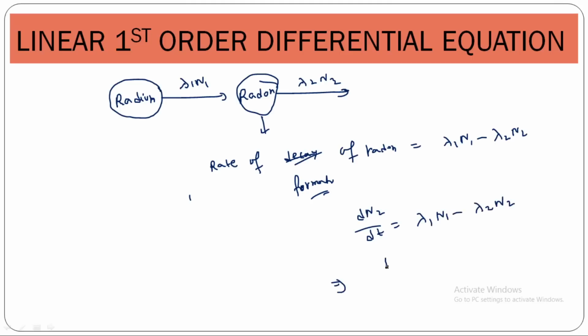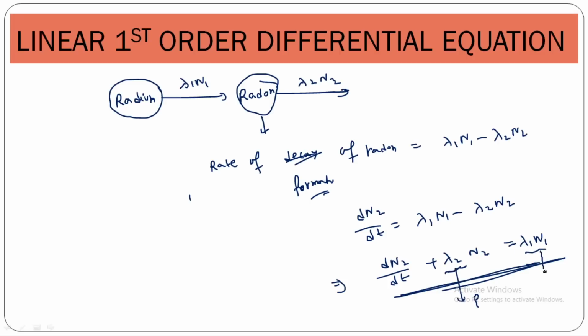Now if you rearrange this equation, you will get dn2 upon dt plus lambda 2 n2 is equal to lambda 1 n1, and you can see this as a first order linear differential equation. You can solve it by using the integrating factor, because here n2 is the variable, so lambda 2 is your p, and lambda 1 n1 is your q.